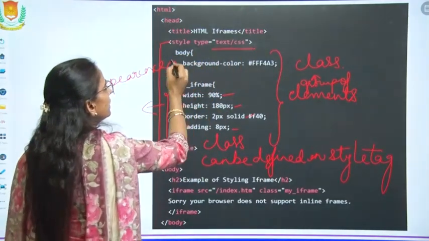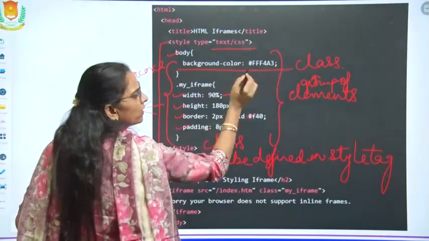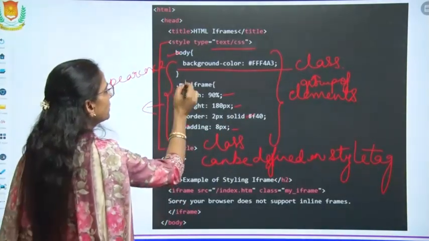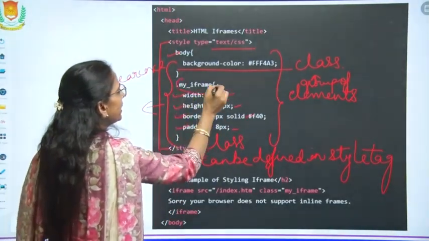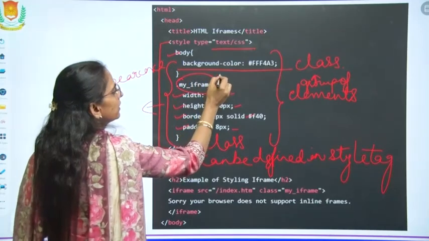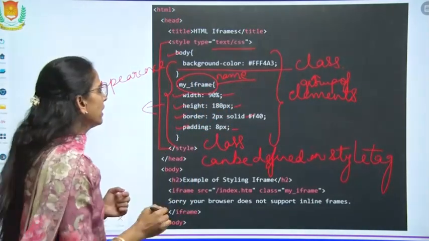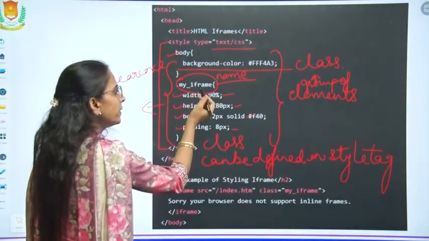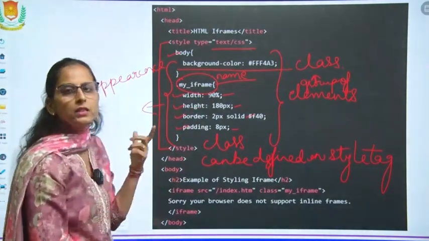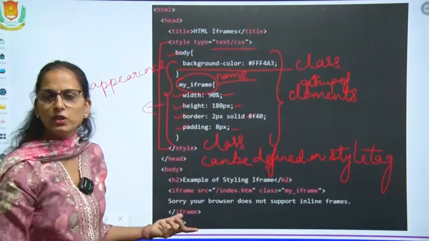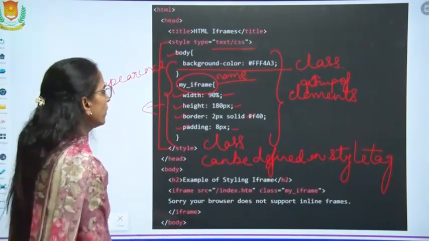Then we have taken the body background color we have defined. After that we have, this is the name of the class, and this name will be used further in the body tag to change the appearance of the frame.